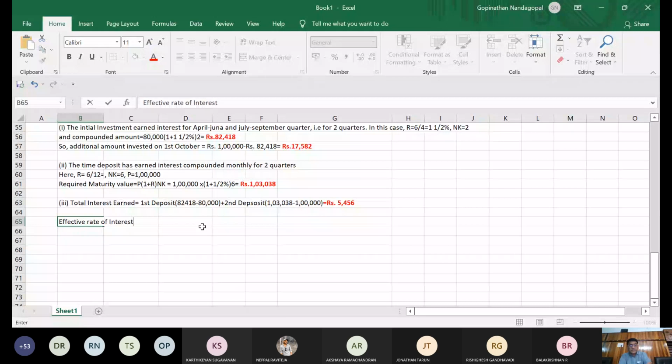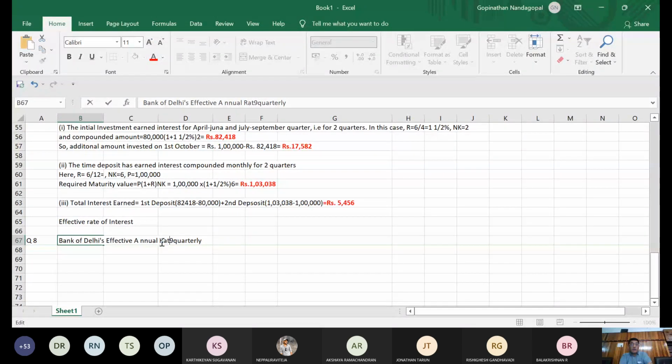We call it Bank of Delhi's effective annual rate.